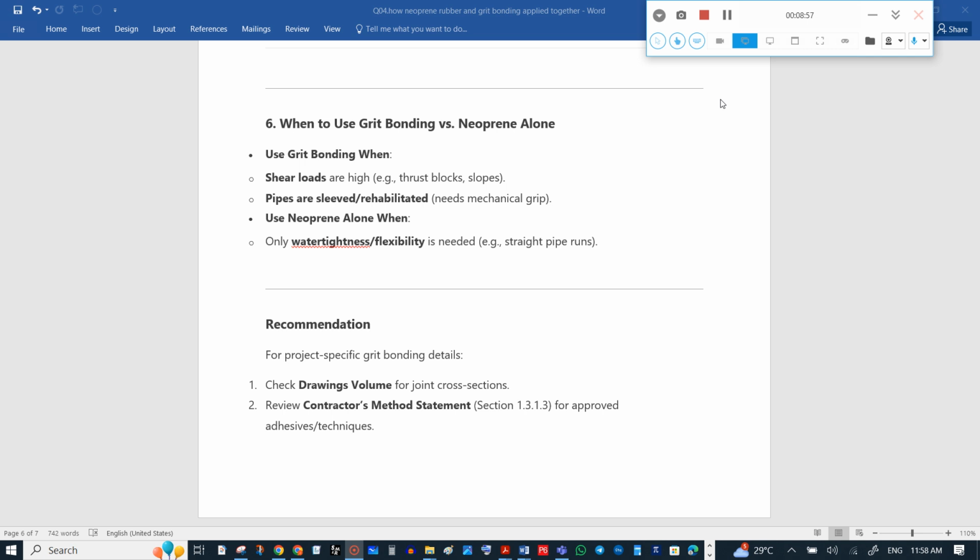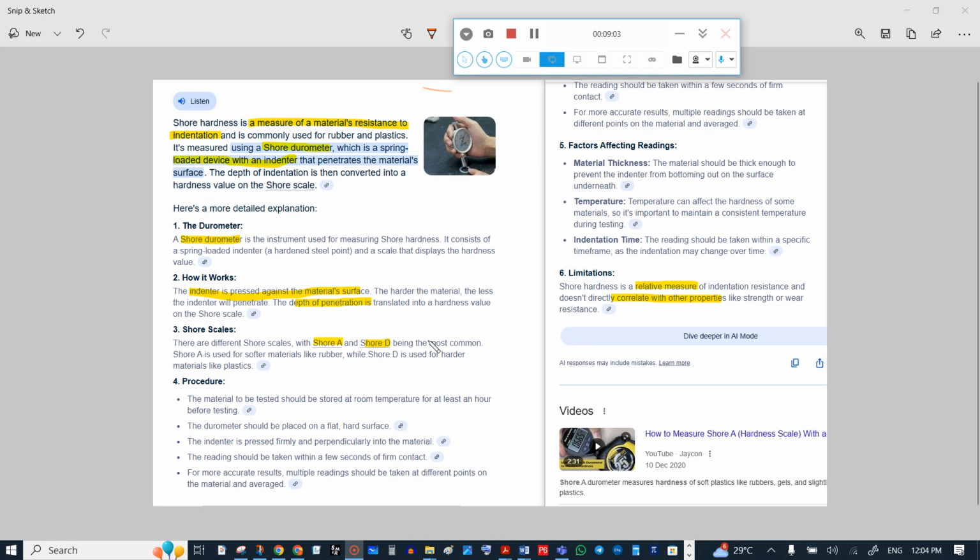shore hardness. So it's a measure of resistance to indentation. We are using an instrument called a durometer. It has a spring-loaded indenter. A sharpened indenter means a sharp steel point. It has a scale also. It displays the hardness value. So the indenter is pressed against the material surface, and the depth of penetration is translated into a hardness value.